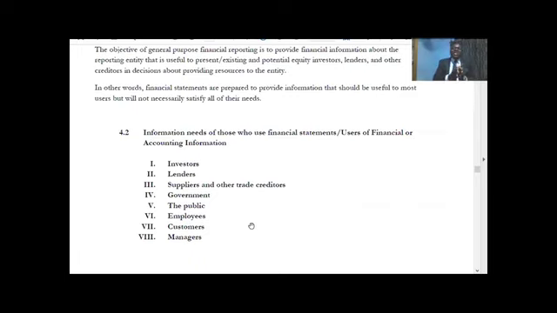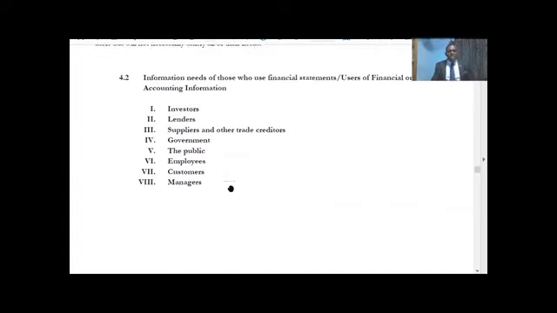Now, what specific information will each one of these require from the business? So when you take investors, investors would like to know how the company is performing, or how the company has performed over some period of time.